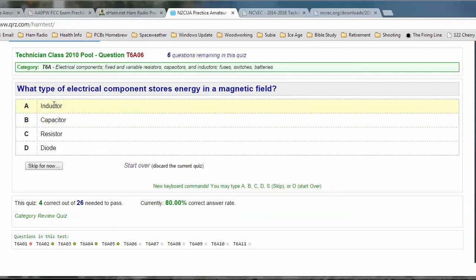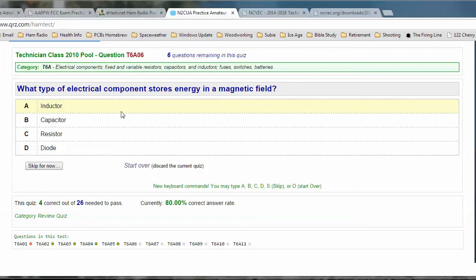And the reason is that an inductor has an iron core, typically in wire, and when you pass current through an inductor, it causes a magnetic field to be created.